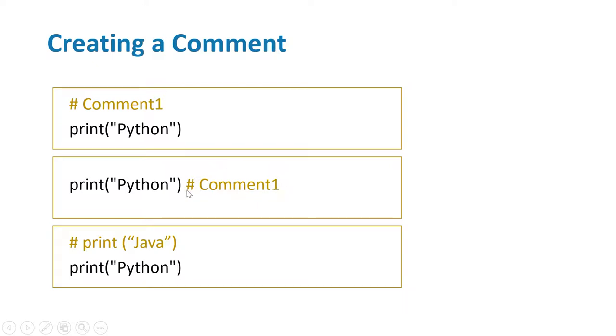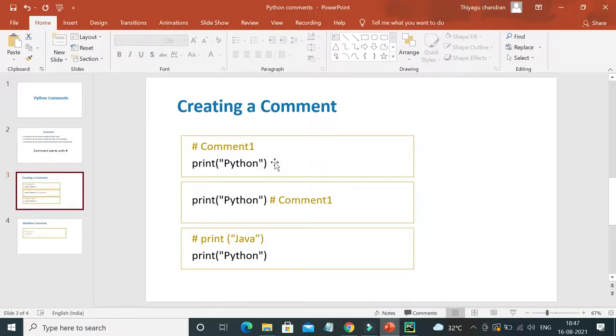So anything which starts after hash will be ignored. And in the third example, you can see it also ignores the actual Python code itself. So print Java is actual code, so if you want to ignore code as part of your execution, even in that situation, you can use comments.